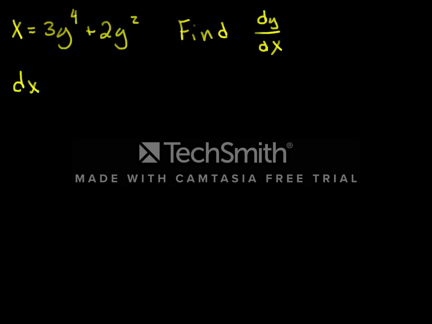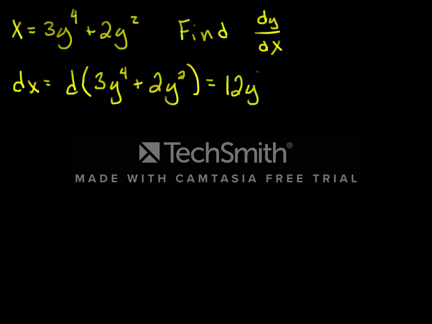dx is equal to the differential of 3y to the fourth plus 2y squared. And passing through and doing my power rule a couple times, this is equal to 12y cubed dy plus 4y dy.